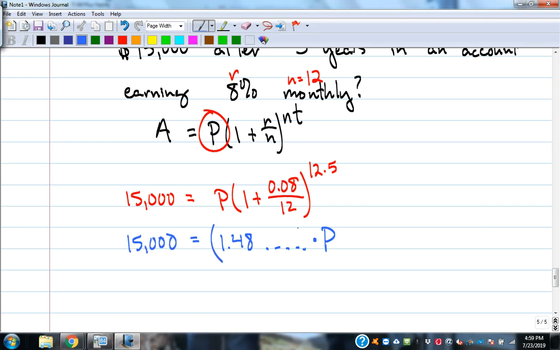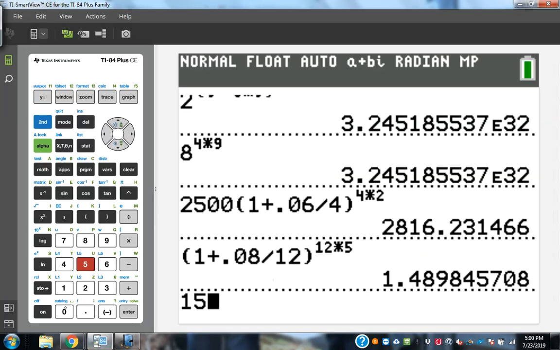Okay, so this number came from that parenthesis. All the math that I've got to do is just divide 15,000 by that 1.48 junk. To do that with your calculator, you hit 15,000 divided by, and here's how you get your calculator to recall the answer that you've already got in there, so you don't have to type all those digits in.